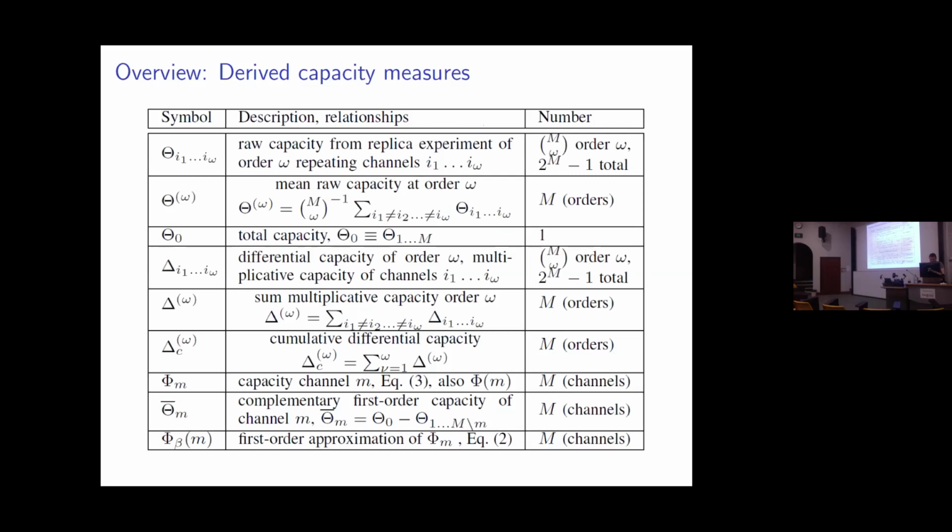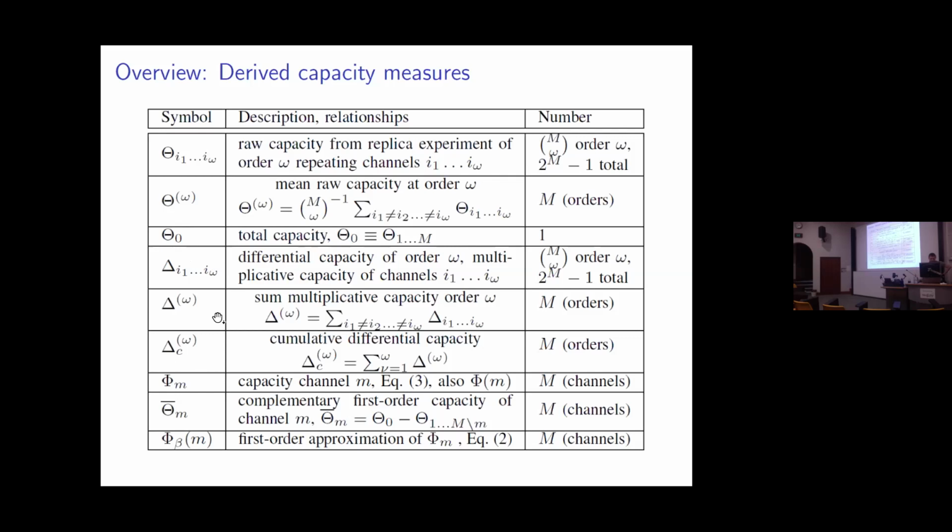Just a little overview, because there are many different quantities involved. We have these raw capacities that we measure just by distinct combinations of repeating input channels. I can average them for a certain order, which is denoted by omega. Total capacity, that's all what you get directly from the experiment.